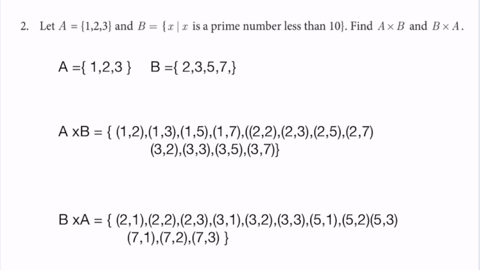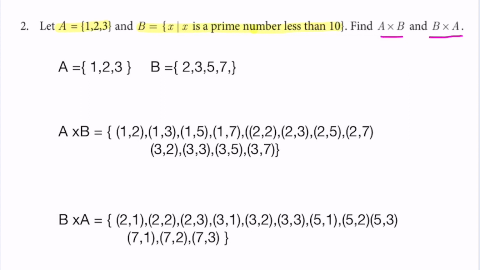It is given A is a set with elements 1, 2 and 3, and B is a set which consists of X such that X is a prime number less than 10. They have asked us to find A cross B and B cross A. Now let us write down the given sets.